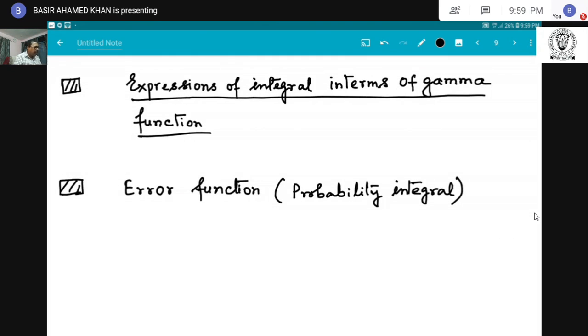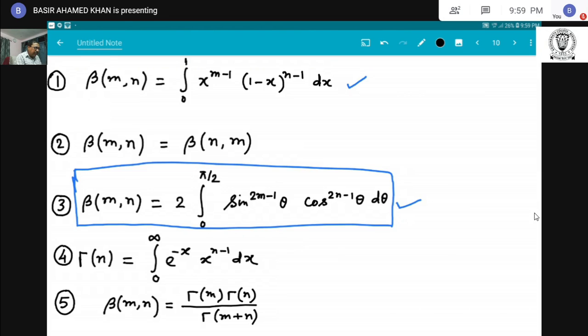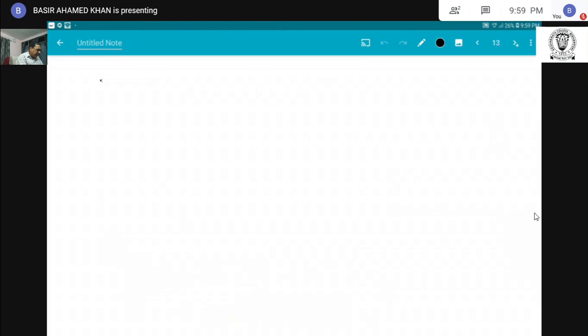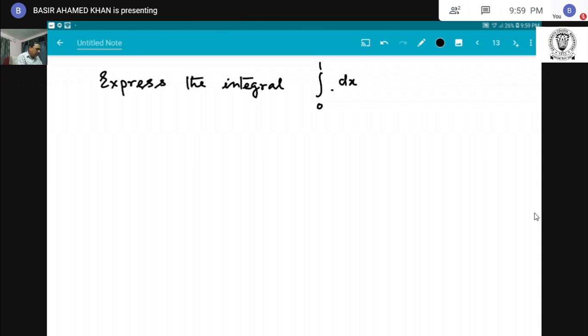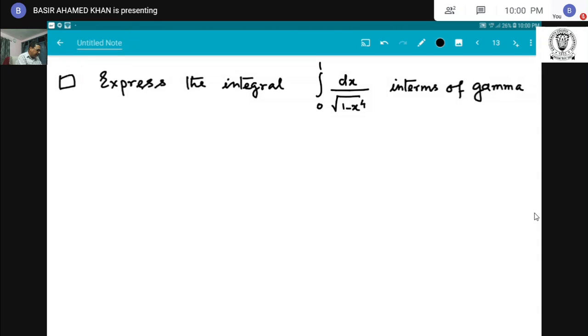Now a problem: express the integral 0 to 1 dx over root over of 1 minus x to the power 4 in terms of gamma function.